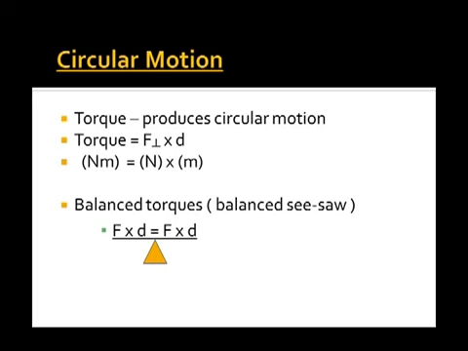If you have balanced torques, like two people sitting on a seesaw and it's not moving, that's called a balanced torque. It means that the force times the length of the lever arm on the left side has to be equal to the force times the length of the lever arm on the right side. We're going to look at some problems that have torques in them, so you'll have some practice with it.